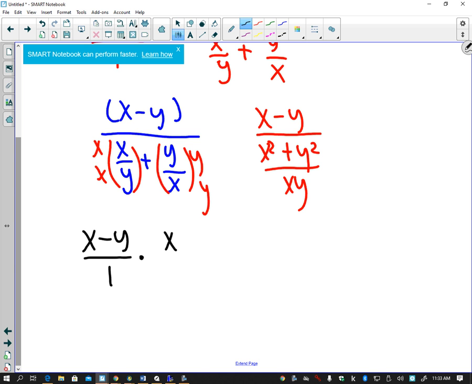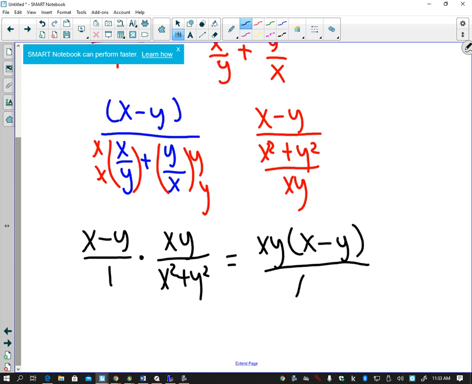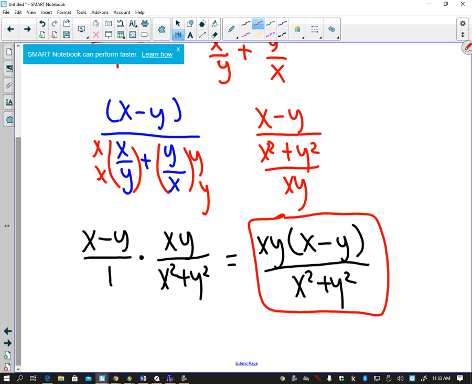So I'm multiplying by xy over x squared plus y squared. And really that's all they kind of do with it, is they put this outside and they show it like this, where this is our final answer. So I think that's a lot more doable.